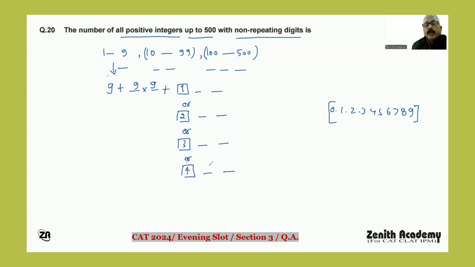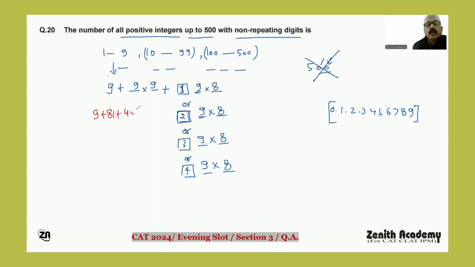A number starting with 5 is 500, where 0 is repeated. Repetition is not allowed, so it is not a part of our question. When 1 is fixed here, out of 10, 9 numbers are with you, so this place you can fill in 9 ways and this in 8. Similarly, when 2 is fixed, 9 into 8 ways. These are the 4 cases. So the answer is 9 plus 81 plus 4 into 72.